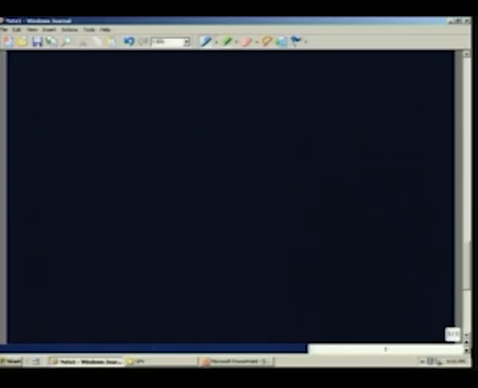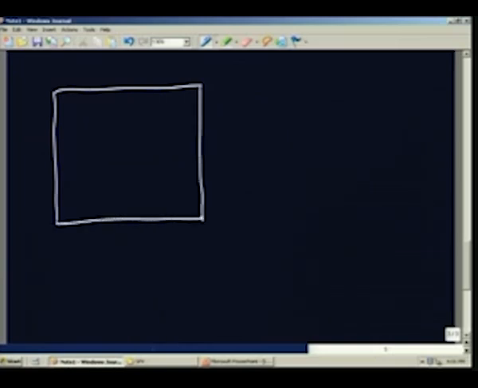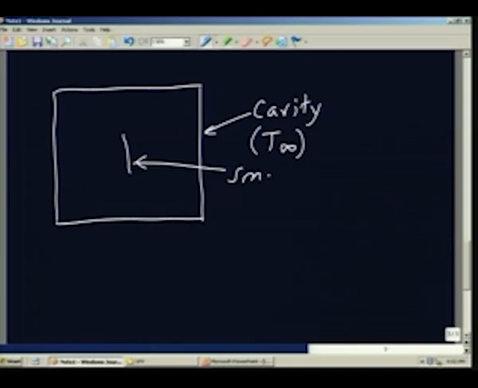So, one way of doing it is, if you take a cavity. Cavity is simply a closed vessel, and if I put an object inside, and let us assume that the temperature is constant, maintained at T infinity, and I put a small sample inside, whose emissivity I want to measure.